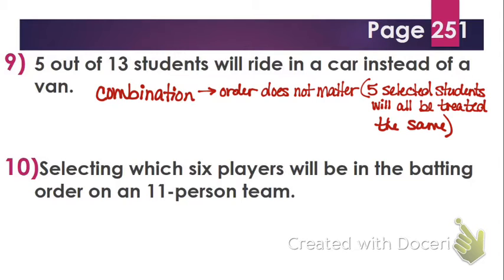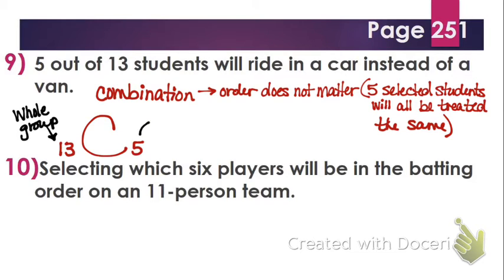Okay, so I know it's a combination, so that's a big capital C. What do I have to type in first before I choose that option, though? 13. 13 is the whole group that we're choosing from. So you type 13 in on the calculator, and then you push what button? PRB, and then you choose the nCr option, the one with the capital C. And then after you choose that, what number do we push? 5.